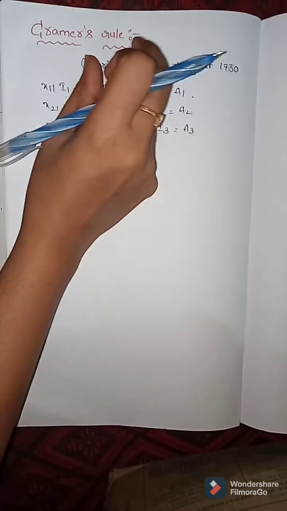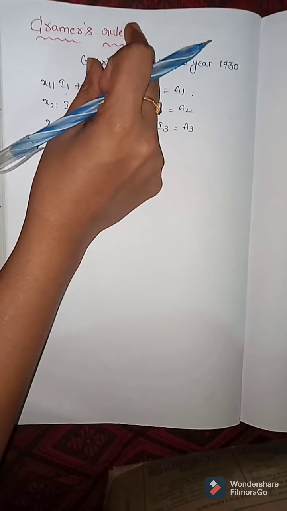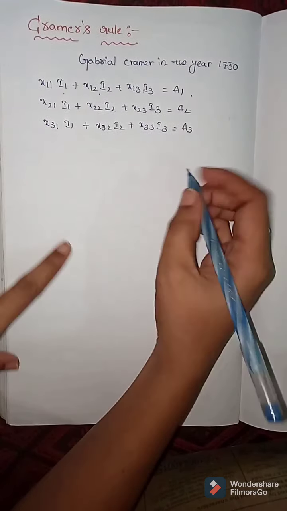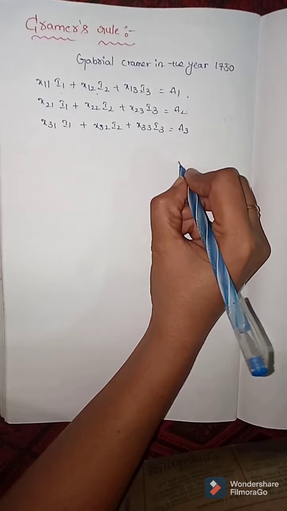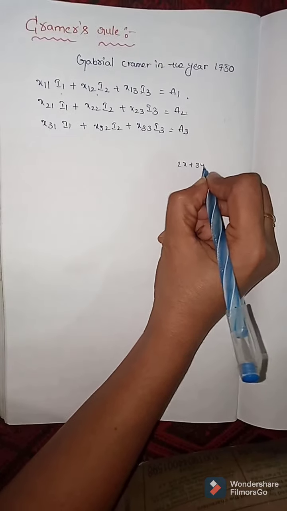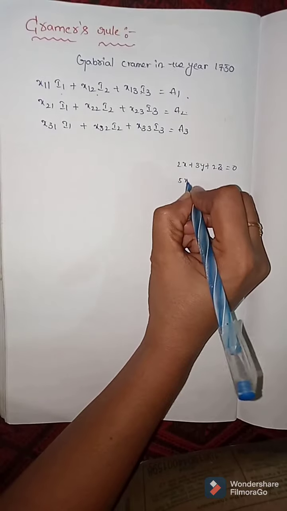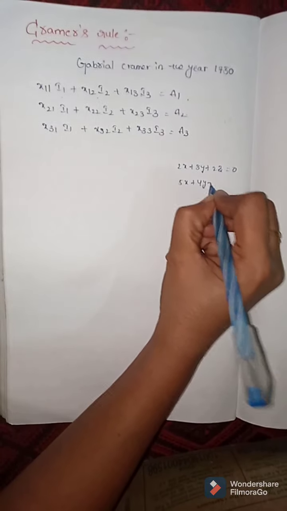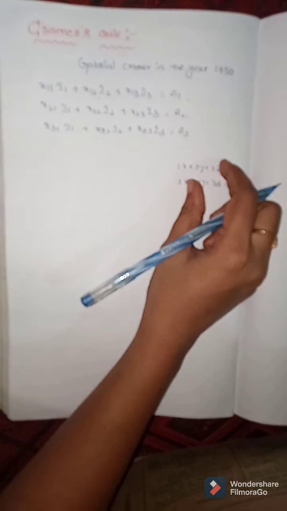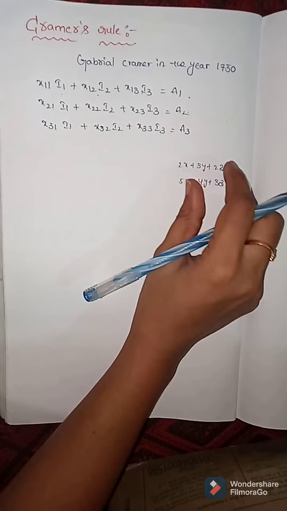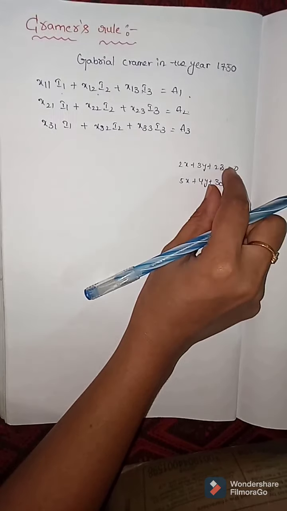What is the purpose of Cramer's rule? Let us consider simple equations like 2x plus 3y plus 2z is equal to 0 and 5x plus 4y plus 3z is equal to 0. These are simple, so we can easily find the x, y, z values.